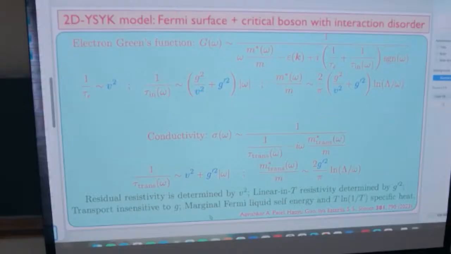In the absence of disorder, the resistivity is 0. The uniform electron phonon or electron boson coupling does not contribute to the transport. Only the random part does. And then you also have a corresponding log behavior in the effective mass.